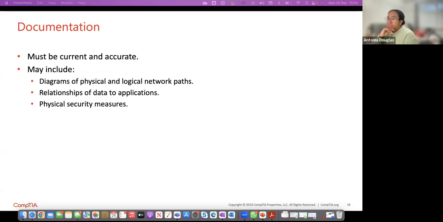Documentation must be current and accurate, and may include diagrams of physical and logical network paths, relationships of data and applications, and physical security measures. For example, having documentation before the cloud design and migration process begins makes that process a lot simpler. I'm not too sure if you've seen any tools or software used to map out your physical or logical network paths, but historically on projects I've seen people use Microsoft Visio.